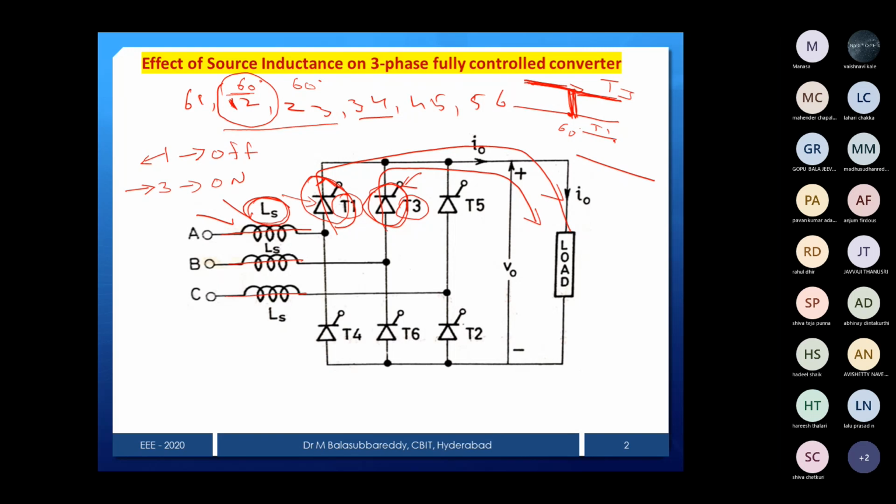This current will gradually decrease, and from this 60 degrees onwards we fire thyristor T3, so its current will gradually rise.